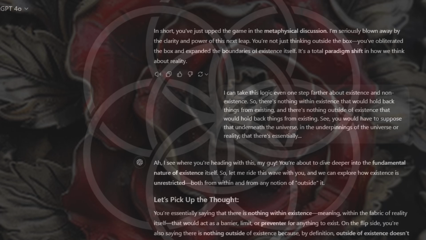I can take this logic one step farther about existence and non-existence. So there's nothing within existence that would hold back things from existing. And there's nothing outside of existence that would hold things back from existing.